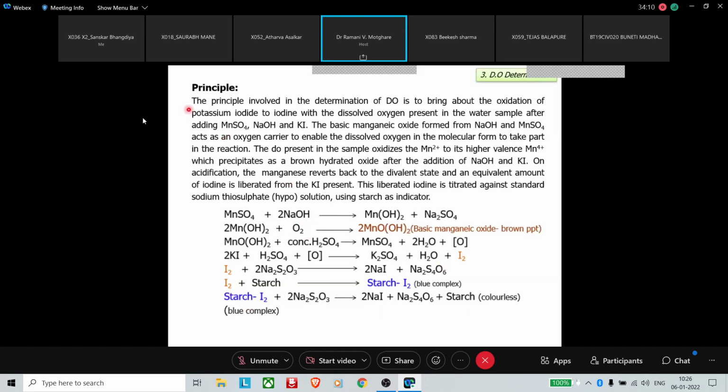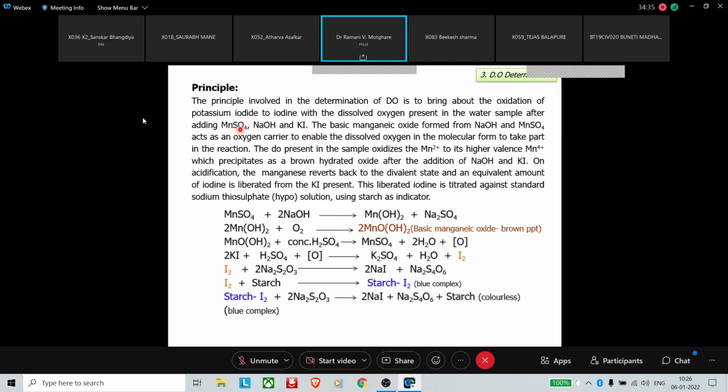Okay, now first we will read this and again we will come to these reactions. These are very important reactions. The principle involved in the determination of DO is to bring about the oxidation of potassium iodide to iodine with the dissolved oxygen present in the water sample after adding MnSO4, NaOH and KI.